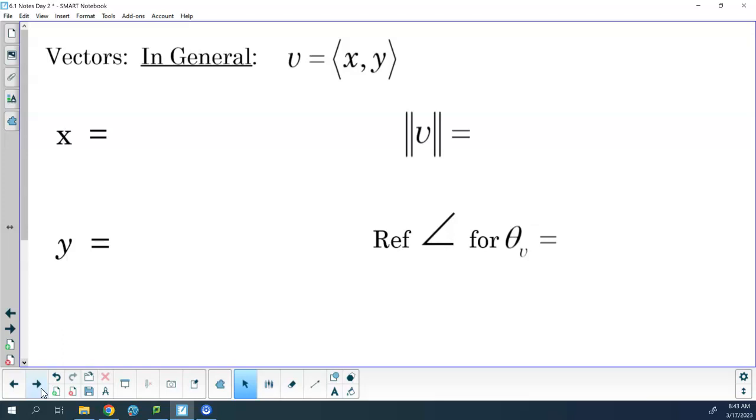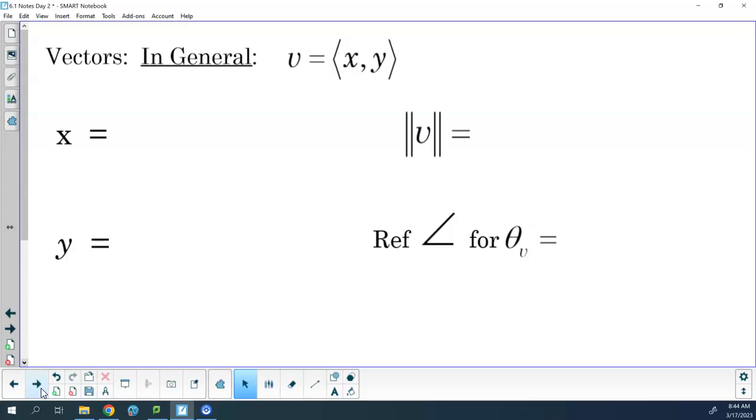Right below that, there should be a box on your paper that says "in general." In general, vector v has a component form. The horizontal component is x. The vertical component is y. That gives us our direction, and that gives us our magnitude. Remember, magnitude is length.